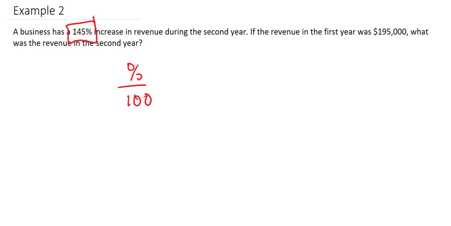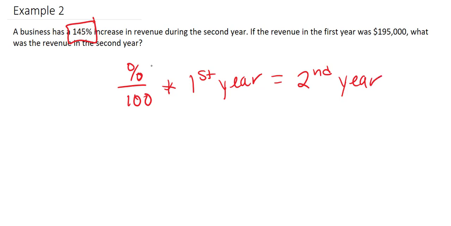So when we're looking at this, we have a 145% increase in revenue during the second year. So that means this 145% times this first year revenue is going to give us our second year, because we're going to get a larger number as a result in the second year.